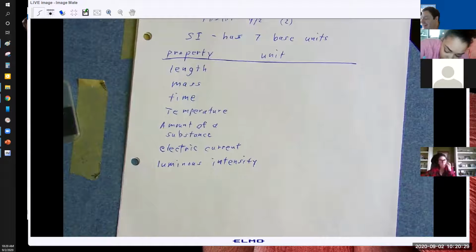Anyone know what the length unit is? You can either type it in chat or just say it. You must have had this already in high school, right?